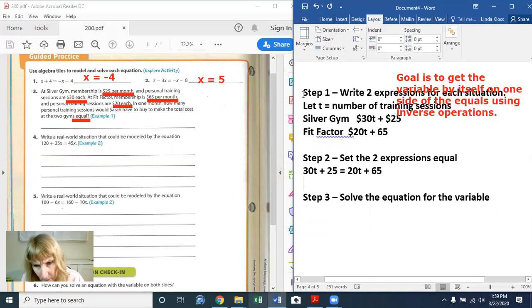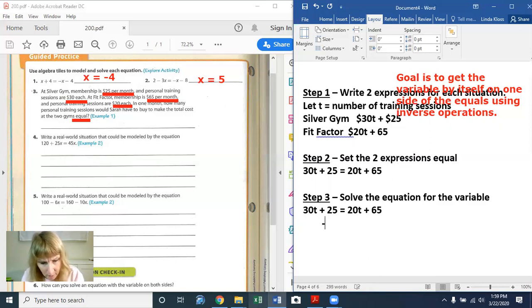Okay, so look at this, so that you can see the steps nice and neatly. And step 3 now is to solve. Since we've gone over a few of these problems, I'm going to go a little bit faster on solving this. I'll rewrite it: 30T plus 25 is equal to 20T plus 65. I want to get the T, the variable, by itself on one side of the equal, so I'm going to first start by moving the constants around.